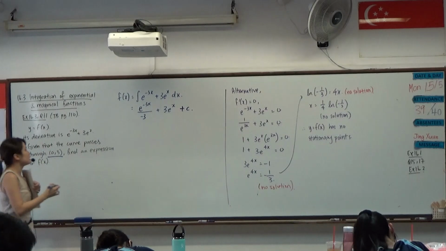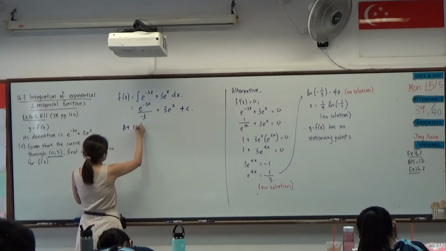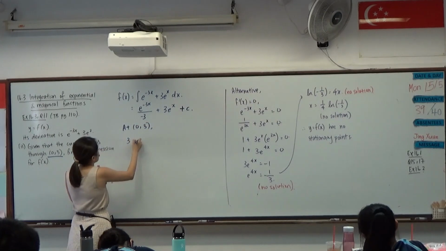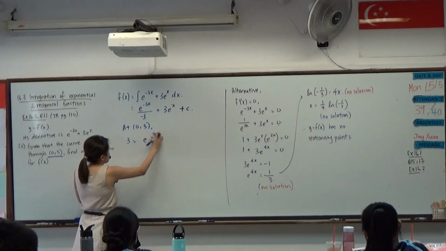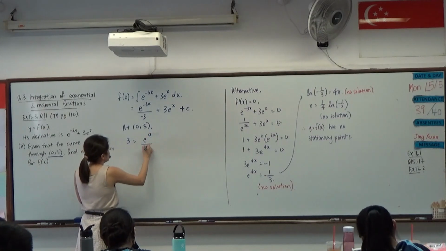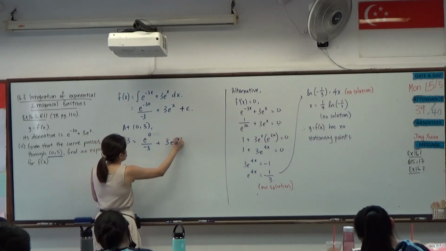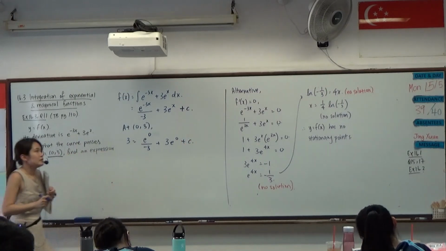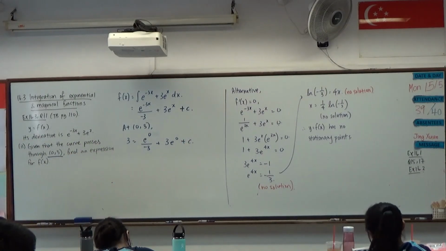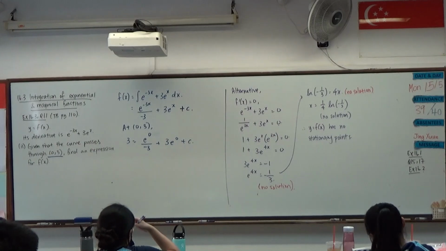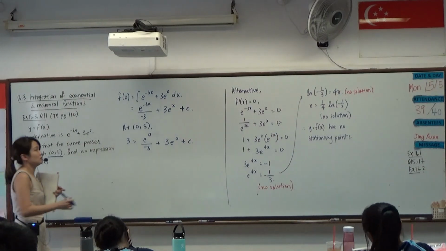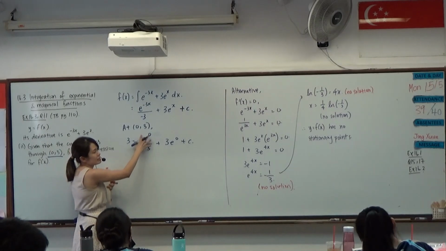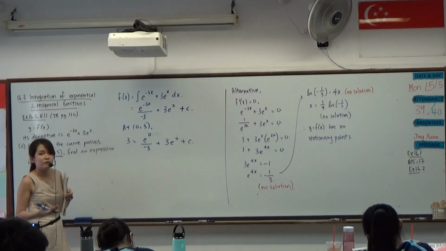Because the curve passes through (0, 3), your f(x) is equal to 3 when x is equal to 0. Again, I want to emphasize that e to the power of 0 is 1. Don't make the mistake of thinking that it equals 0, because people very often think that this is 0 and then you get the wrong value of c.